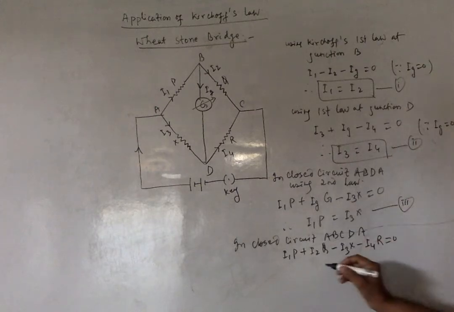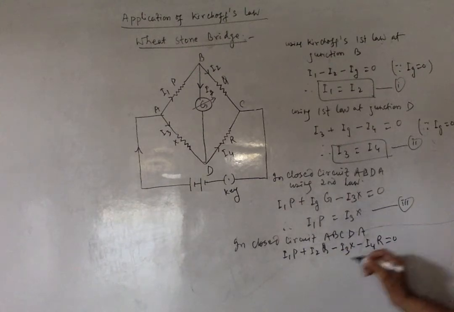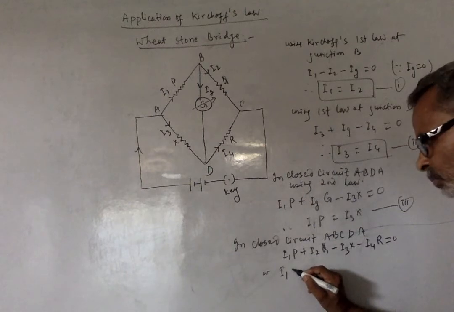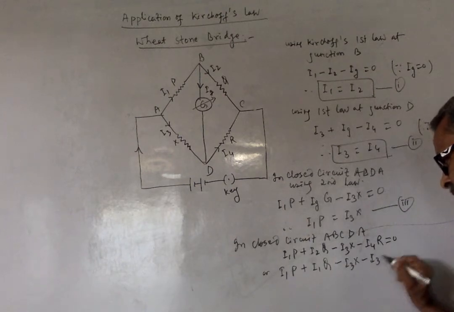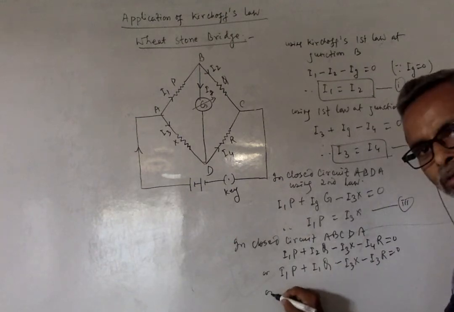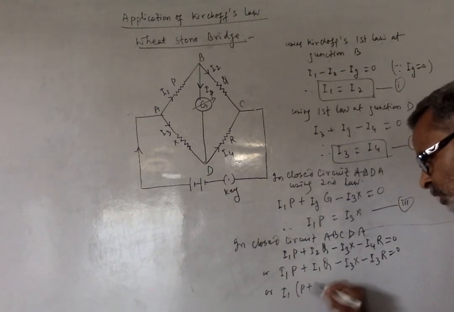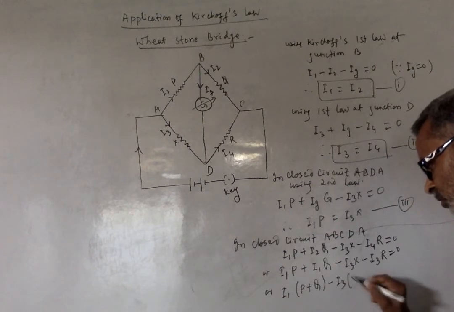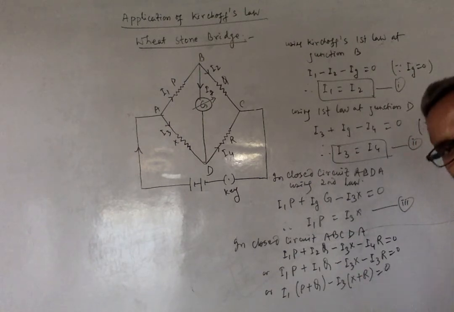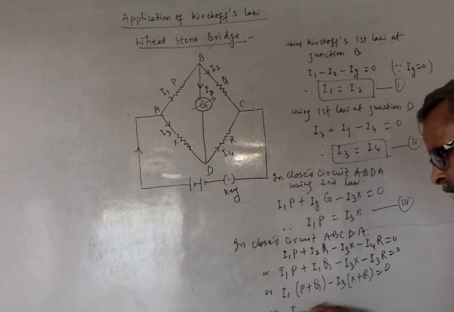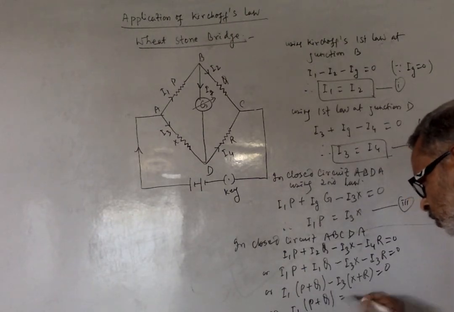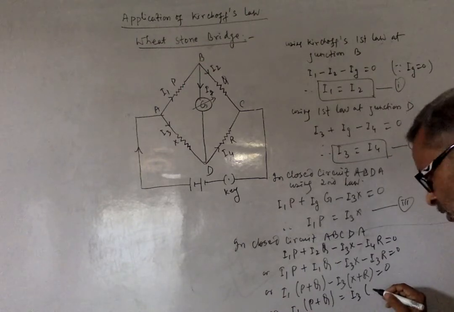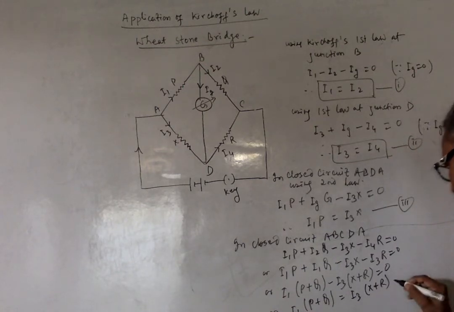Using equations first and second, we may write I2 as I1 and I4 as I3, or I1P plus I1Q minus I3X minus I3R equals 0, or I1 (P plus Q) minus I3 (X plus R) equals 0, or I1 (P plus Q) equals I3 (X plus R), equation 4.